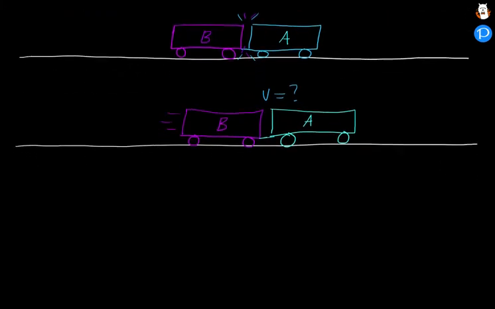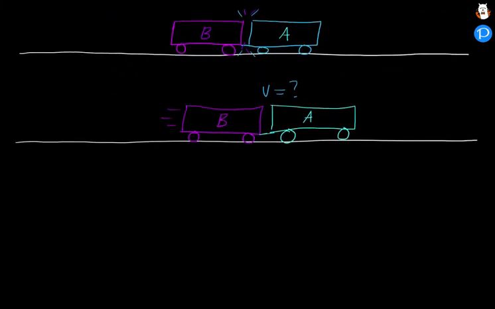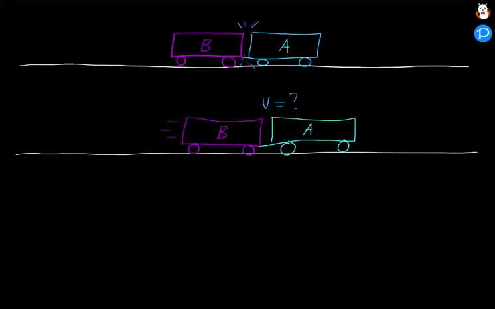So I'm just going to use the color white from now on because I'm sick and tired of changing between colors. If we say the momentum of car A plus the momentum of car B is equal to the momentum of each at the end.